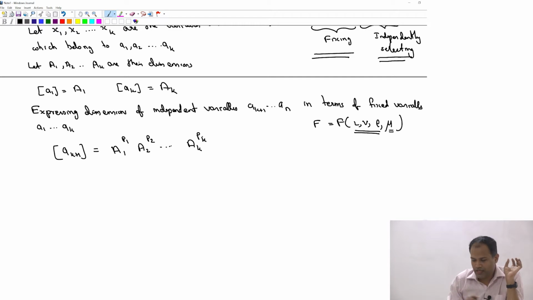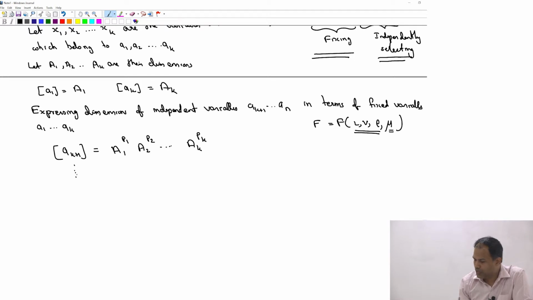So capital A1, capital A2, etc. up to capital Ak are the dimensions of the first k variables, and you are representing the (k+1)th variable's dimension as a power of the other k variables that you have already chosen, and so on.